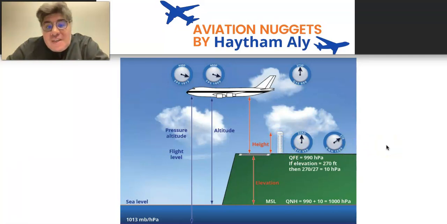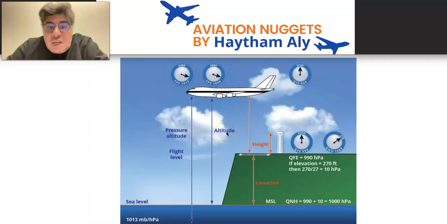To be more specific, is the altimeter setting QNH or QFE or 1013? Okay, everybody? So, if the altimeter setting is QNH, the vertical distance that will be shown is an altitude.